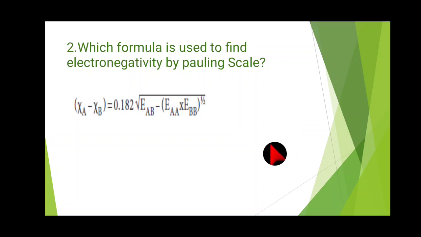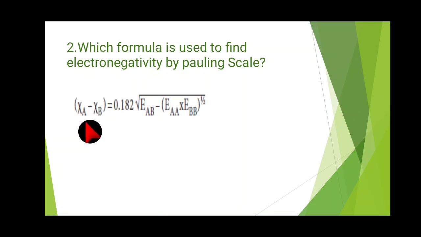In the last class, electron affinity, ionization energy and all we measured by the unit kilojoule per mole or electron volt, but here, electronegativity has no unit. Why? Because the atom is compared with hydrogen, by which we can find the electronegativity.